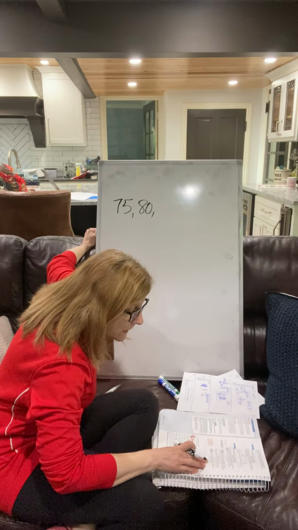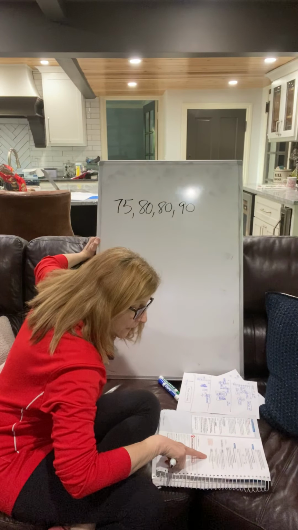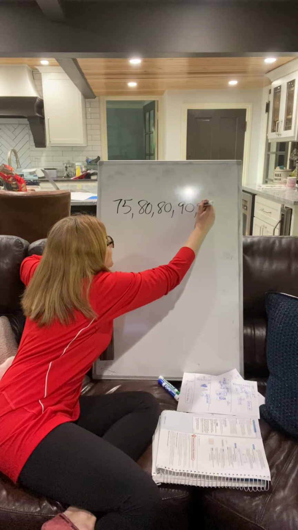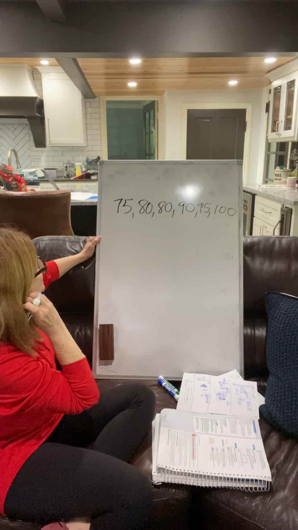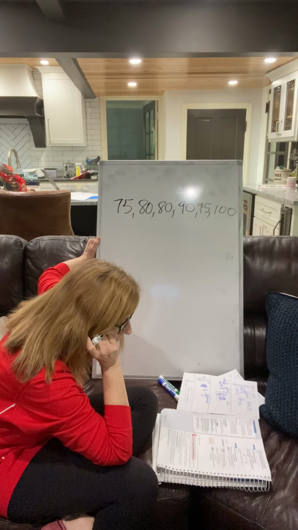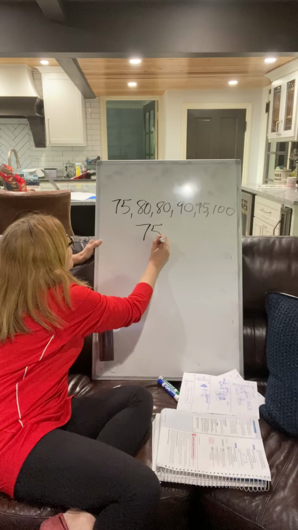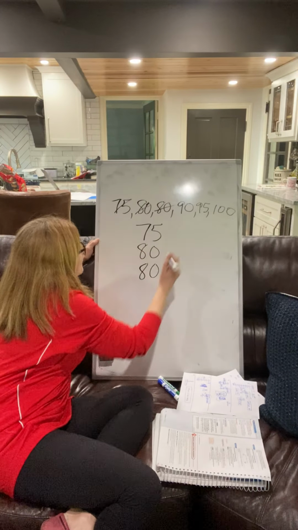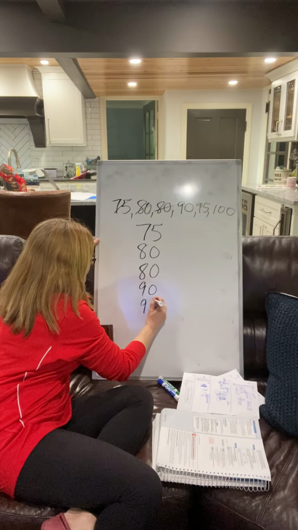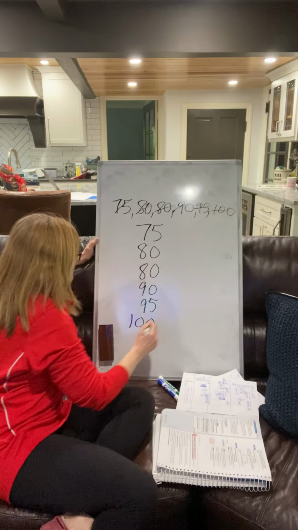So 75, 80, 80, 90, 95, and 100. Oh, you know what? It looks like they're already listed from least to greatest. That makes it easy. Yep, they are already in order for us, so that's great.